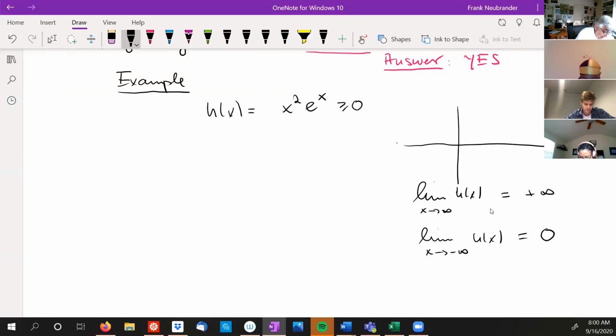It will start at 0. If x goes to minus infinity, you are at 0. And if x goes to plus infinity, you go to plus infinity. And you know the value at 0: x squared times e to the x is equal to 0 if and only if x is equal to 0.